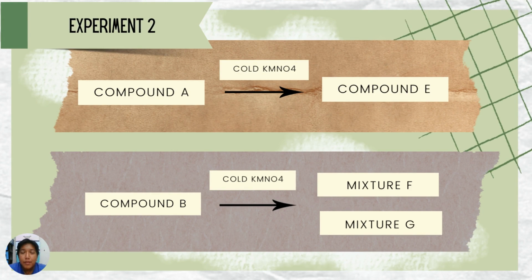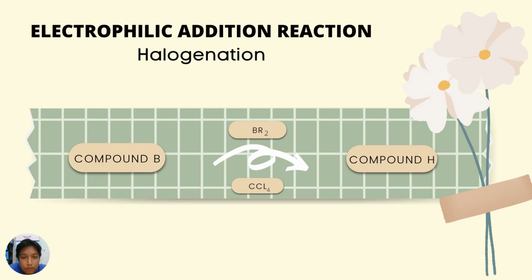For experiment 2, it is found that compound A is polar while compound B is non-polar. When compound A reacts with cold neutral potassium permanganate, it gives a meso compound E. When compound B reacts with cold neutral potassium permanganate, it gives a racemic mixture F and G. It is also found that compound B undergoes an electrophilic addition reaction, which is halogenation.